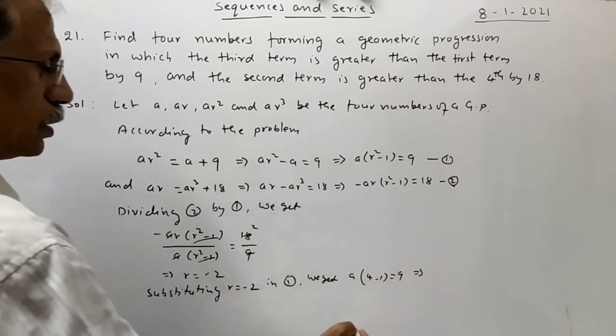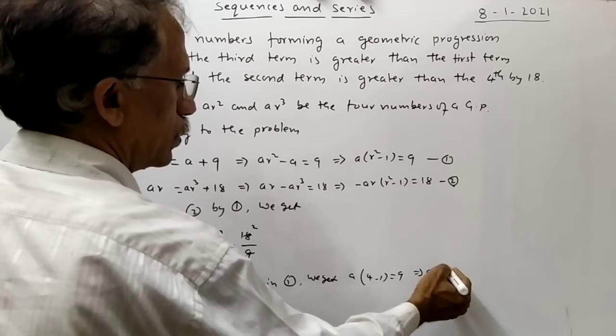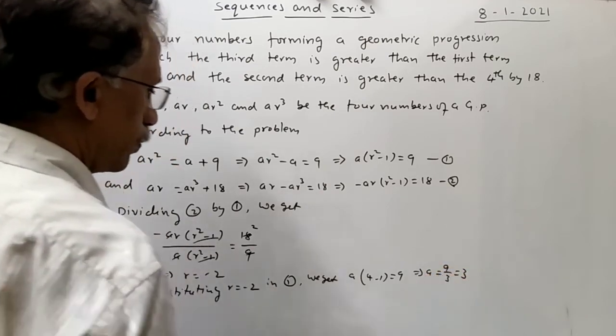This implies A is equal to 9 by 3 is equal to 3.